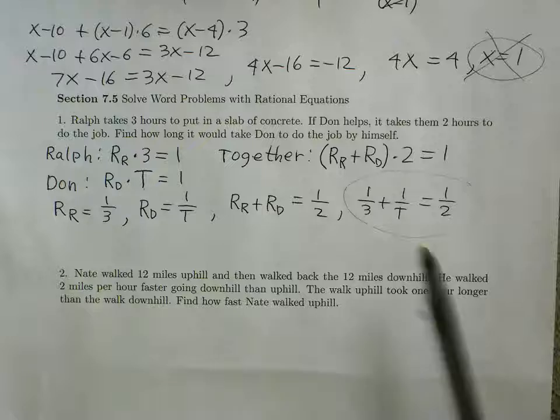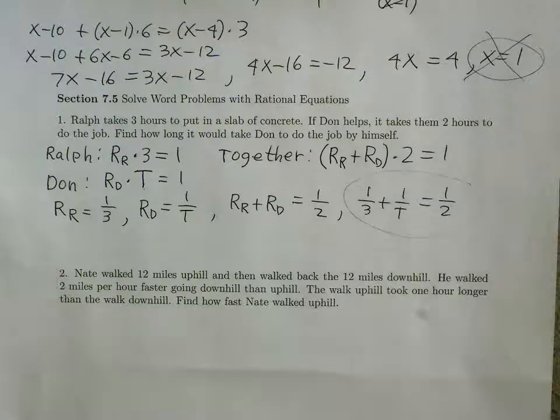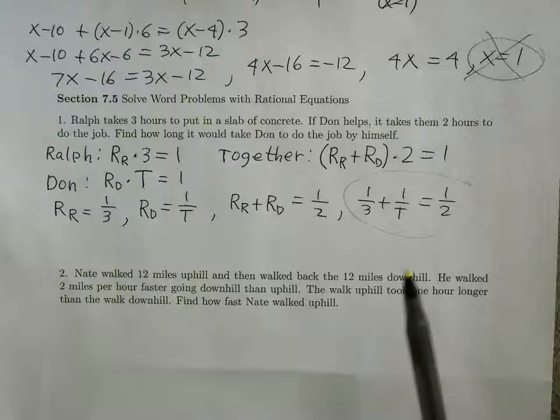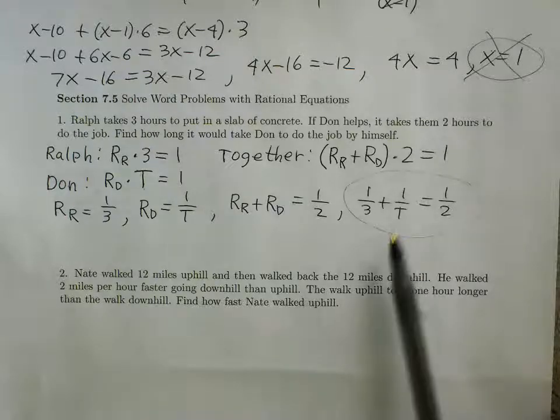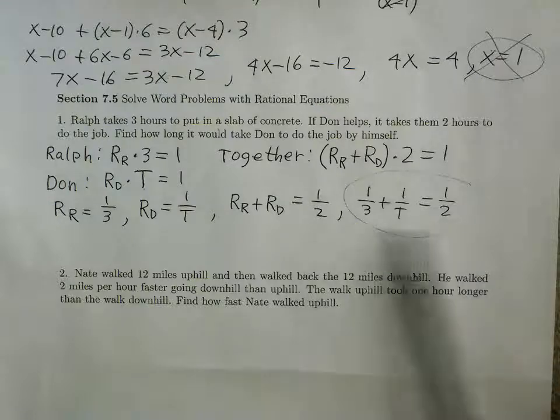We want to solve for T. We have 1/3 plus 1 over T equals 1/2. Okay, so the next step is to find the least common denominator. There is a suggestion that we cross multiply, but in this current state, cross multiplying will not work.